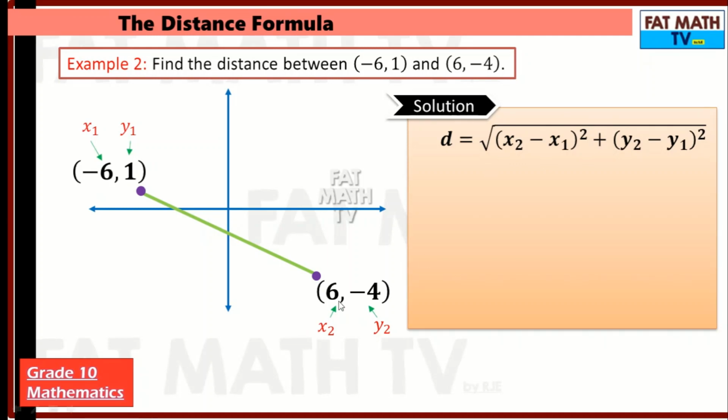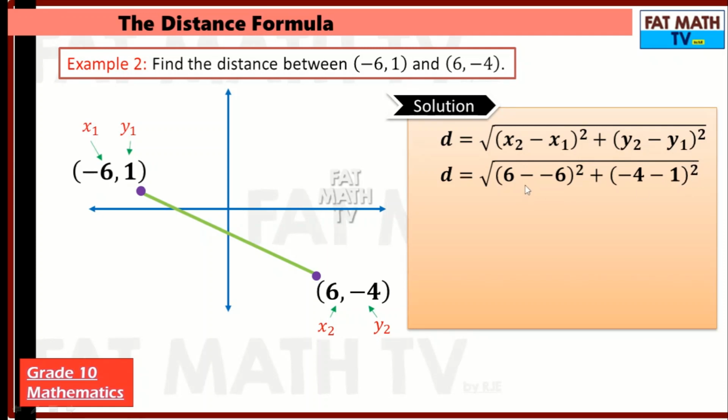So x sub 2 is 6 minus x sub 1 is negative 6. That's why we have here 6 minus negative 6 squared plus y sub 2 is negative 4. That's why negative 4 here. Minus y sub 1. Y sub 1 is positive 1. That's why we have this here.